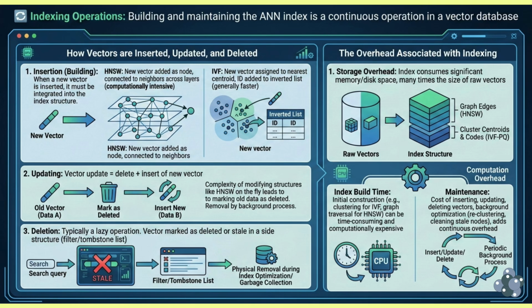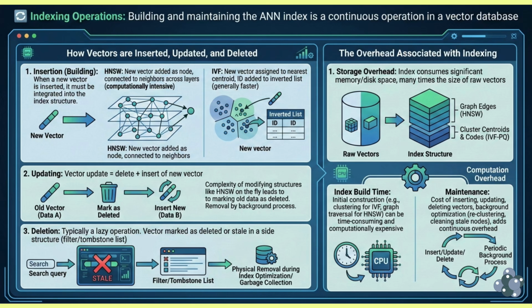Deletion is typically a lazy operation. The vector's ID is merely marked as deleted or stale in a side structure, meaning it will be ignored during search. The physical removal happens during periodic index optimization or garbage collection to maintain performance and index size.